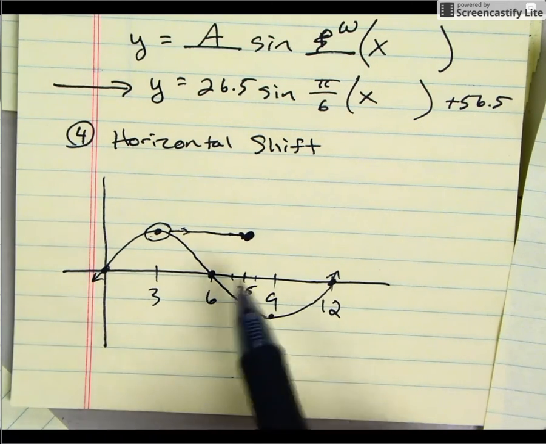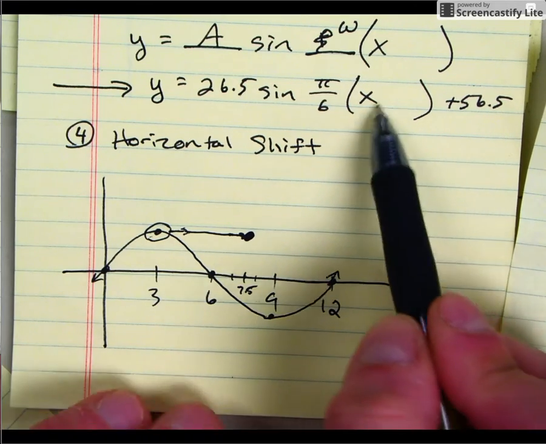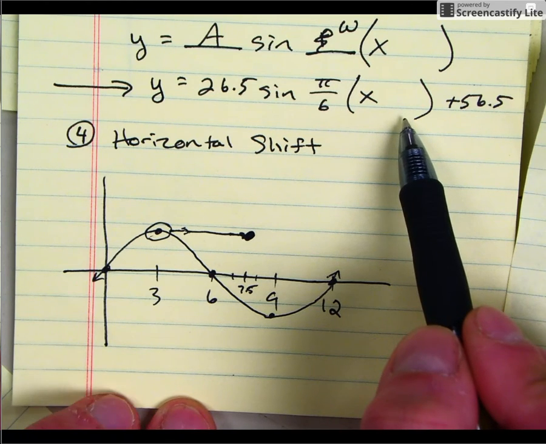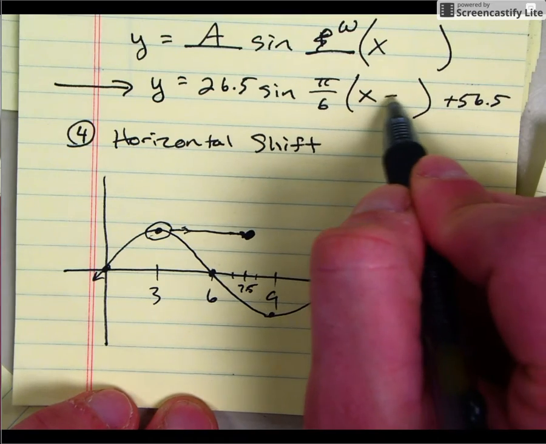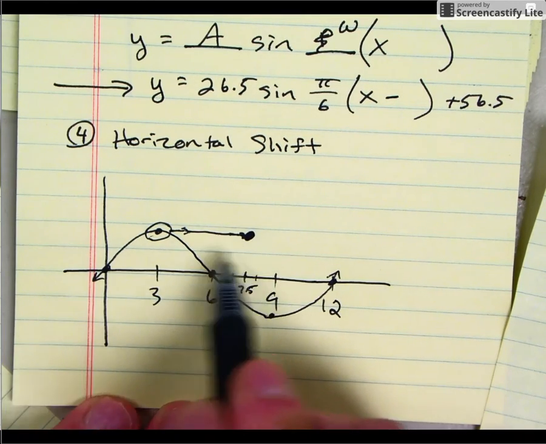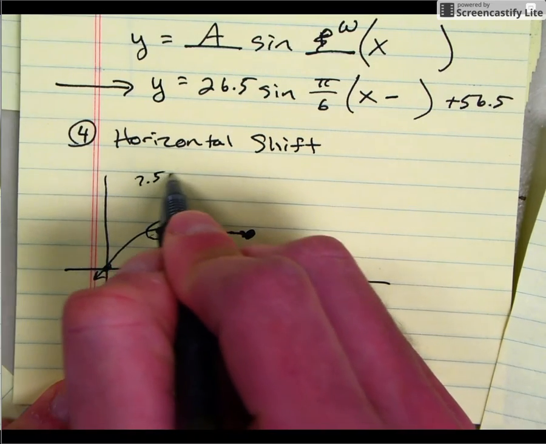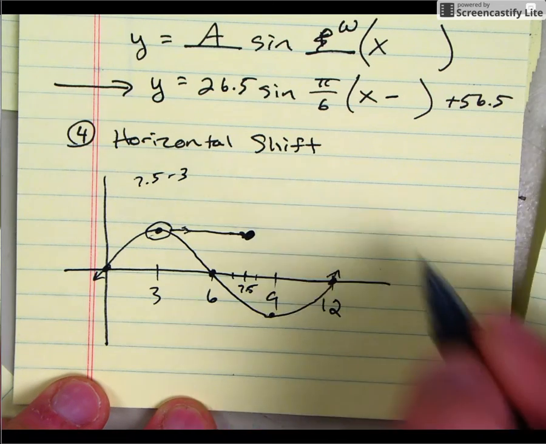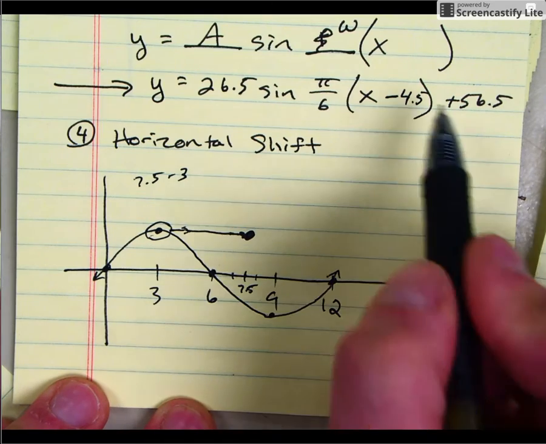In order to do that with our equation, we have to input a number in this spot right here. Because we're shifting it right, we need a minus sign here, and then however much we're moving it. In this case, from 3 to 7.5, well, 7.5 minus 3 is 4.5. So minus 4.5. And that's how you get that number.